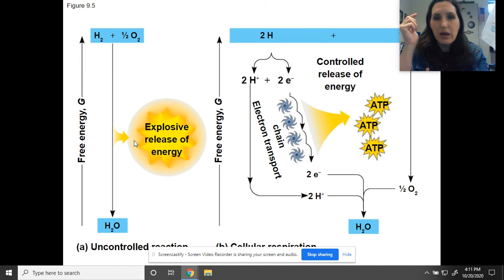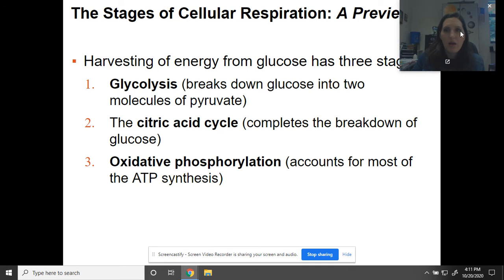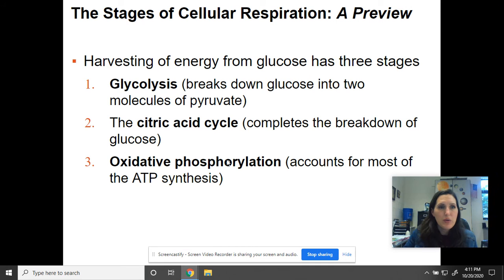That tells me it is exothermic. My Gibbs free energy is negative, and this is a spontaneous reaction, using some of my prior knowledge right there. Okay. This is that electron transport chain that the electrons move down, and I'm going to show you another picture of that too. Okay, you need to know that there are 3 stages for cellular respiration.